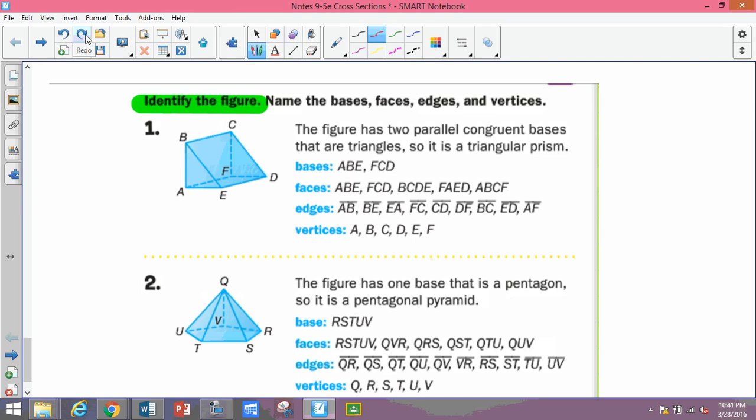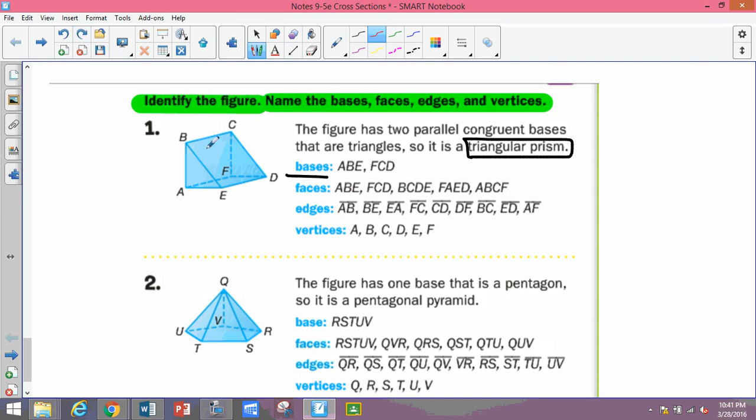So to identify the bases, you're going to look at the vertices that make up that shape. So the first base is the triangle ABE. The second one is a triangle FCD. Okay? And the order in which those letters go doesn't really matter as long as you have all three letters.